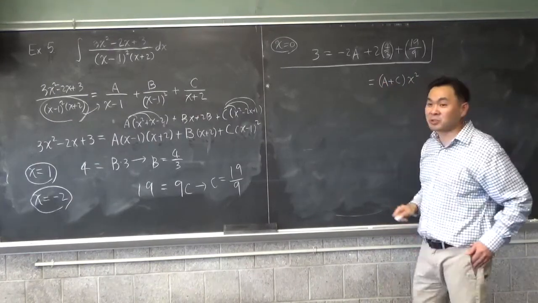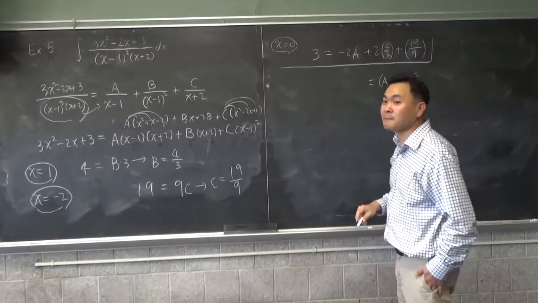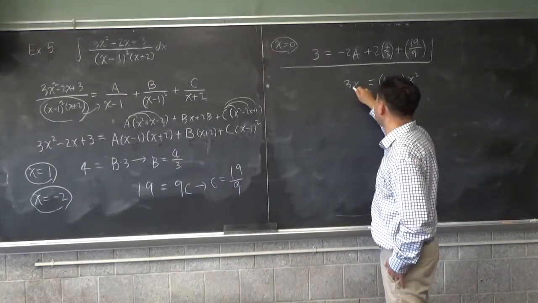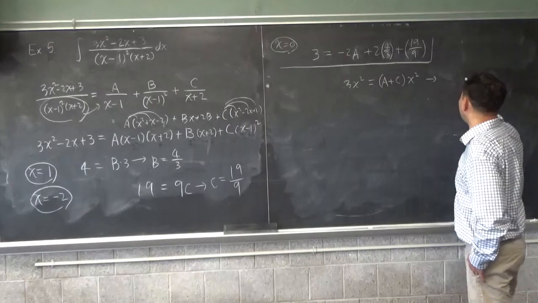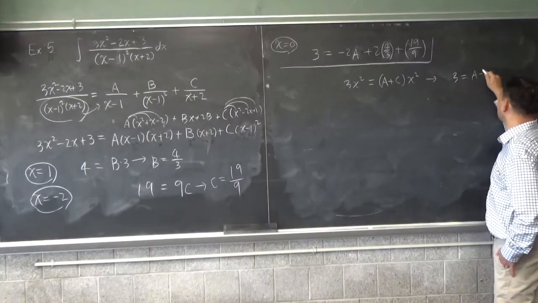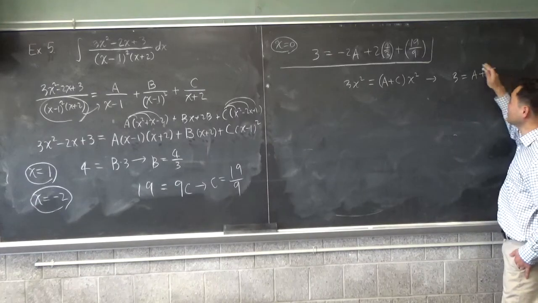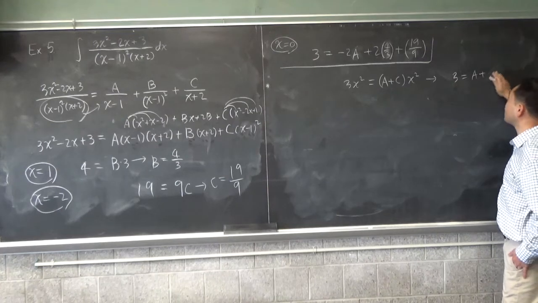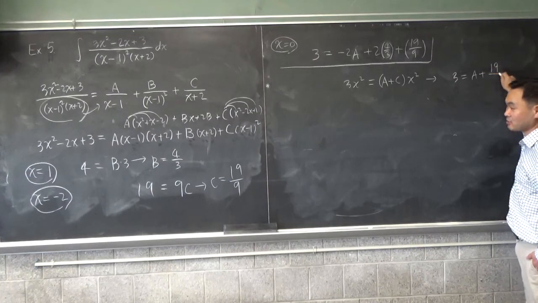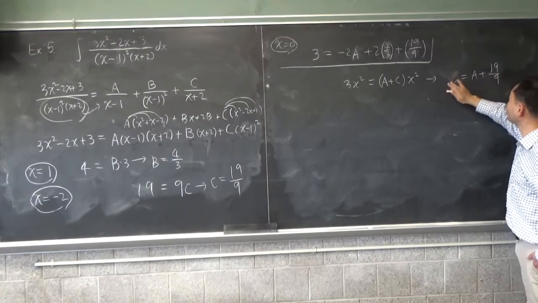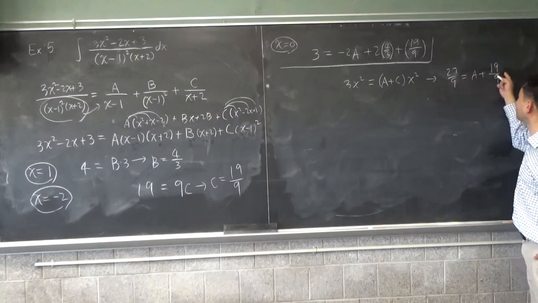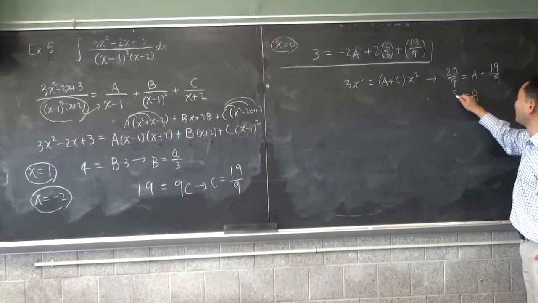On the left side, what's the x squared term? 3x squared. So this must mean that a plus c is 3, and therefore, if you replace c by 19 over 9, which is 27 over 9, and then you subtract, you get a as 8 over 9.